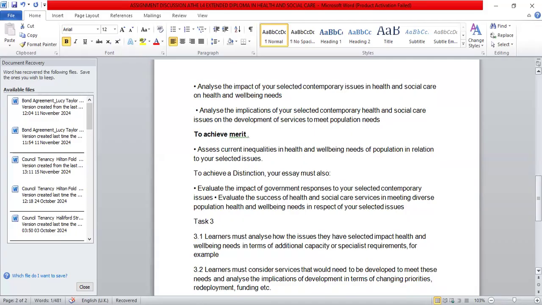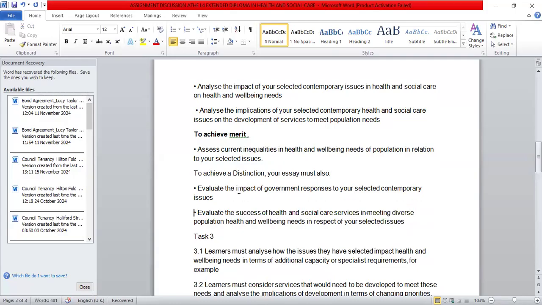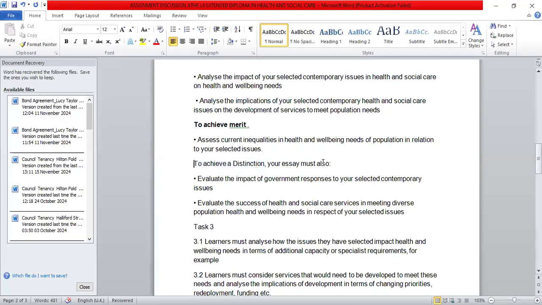Evaluate the success of the health and social care services in meeting those diverse population health and well-being needs in respect to your selected issues. Okay? So for distinction, those are things that we expect you to do. That's for distinction.